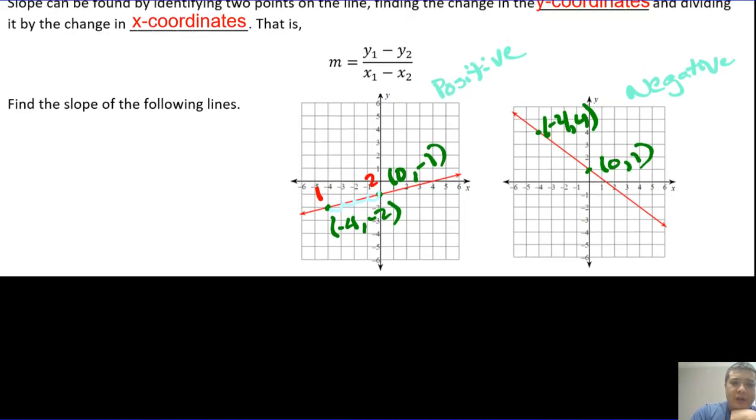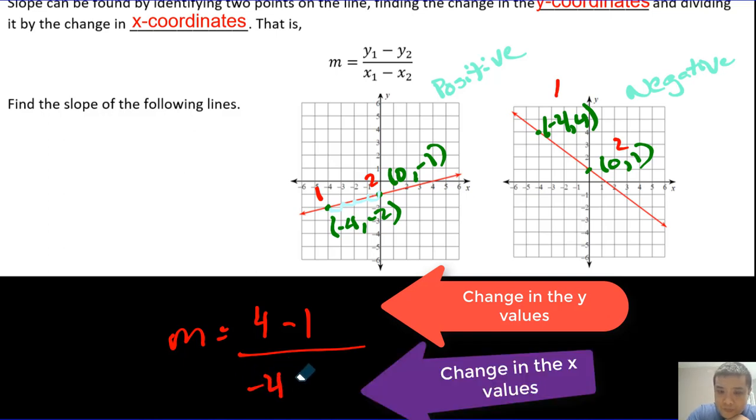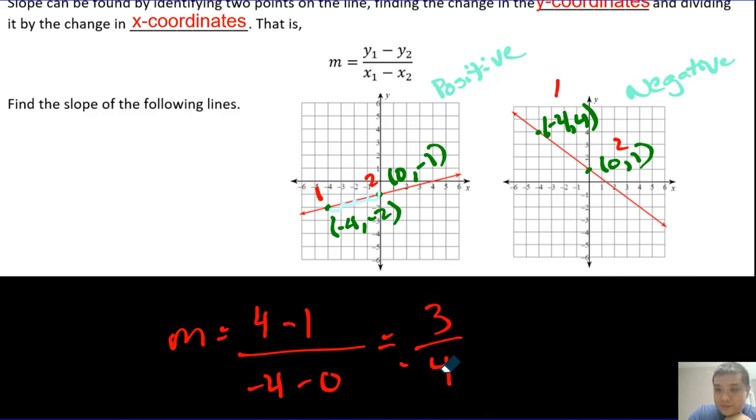So again, m equals y1 minus y2 over x1 minus x2. So let's do 4 minus 1, because this is our 1, this is our 2, over -4 minus 0. This gets us 3 over negative 4.